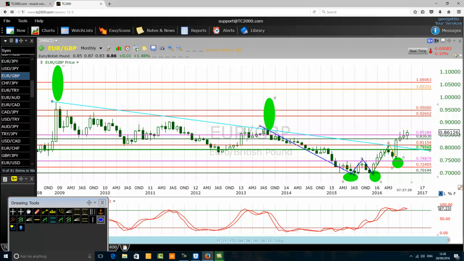So what I've done, I connect this point and this point on the monthly chart, and I have the bearish turquoise trend line. So the third Elliott wave must break both the horizontal resistance and also a bearish trend line.